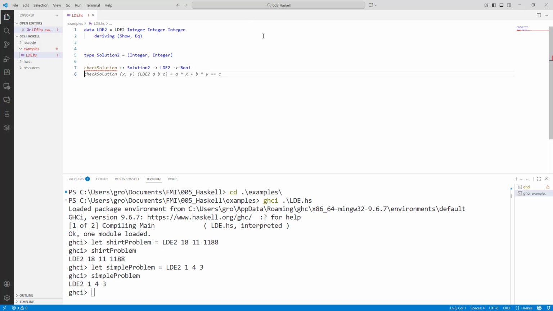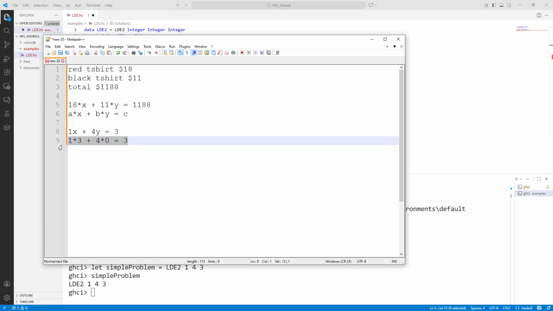So far so good. We are pretty much saying, hey Haskell, or hey GHCi, I'm making a function called checkSolution. It takes one of the Solution2 for our x, y guesses. In our case, for example, this one was a pretty good guess that actually works.